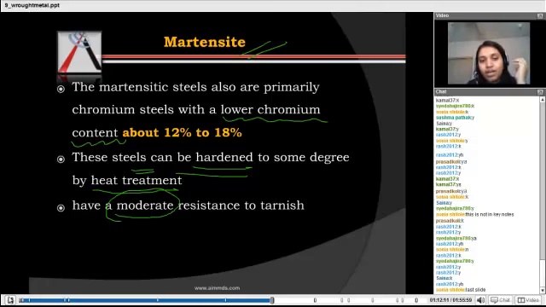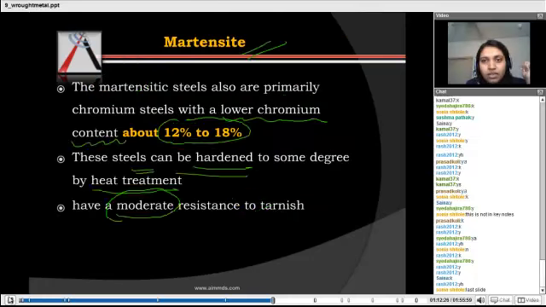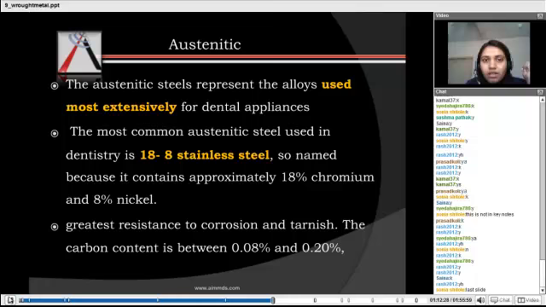The resistance is moderate, because anyways they are stainless steel so they need to have some resistance, but it is moderate because of the composition, 12 to 18. Now go back and look at that one. It was 15 to 25. Remember the values. Now austenitic. It is the most extensively used for dental appliances.